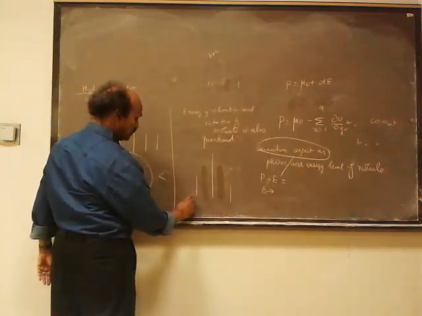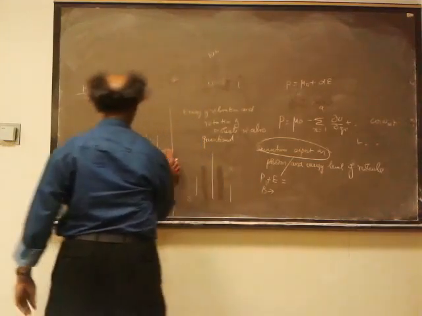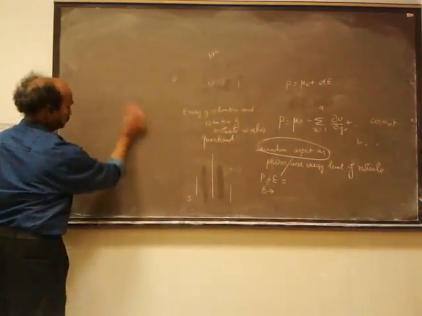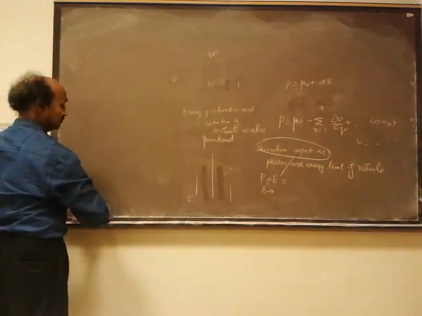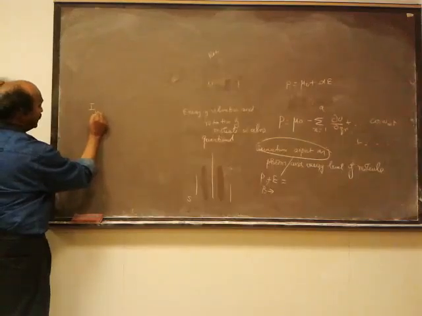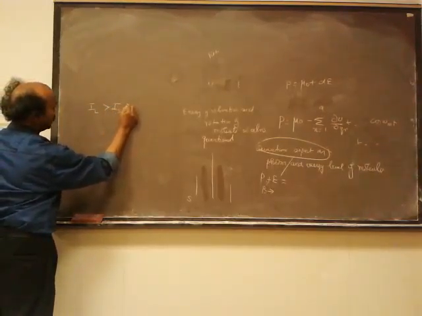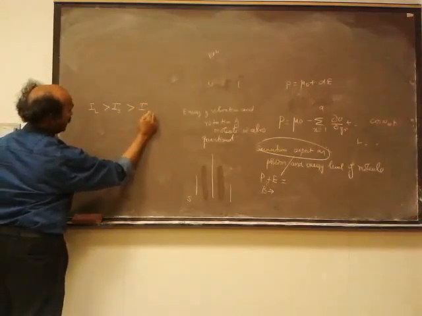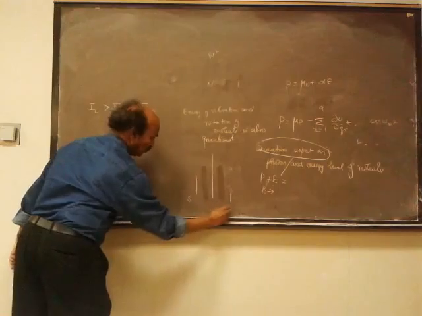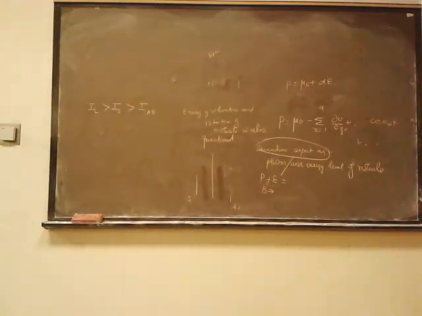This Stokes line: the intensity of the laser incident light is greater than the intensity of Stokes, which is greater than the intensity of anti-Stokes. So, this is Stokes, this is anti-Stokes. It is very small.